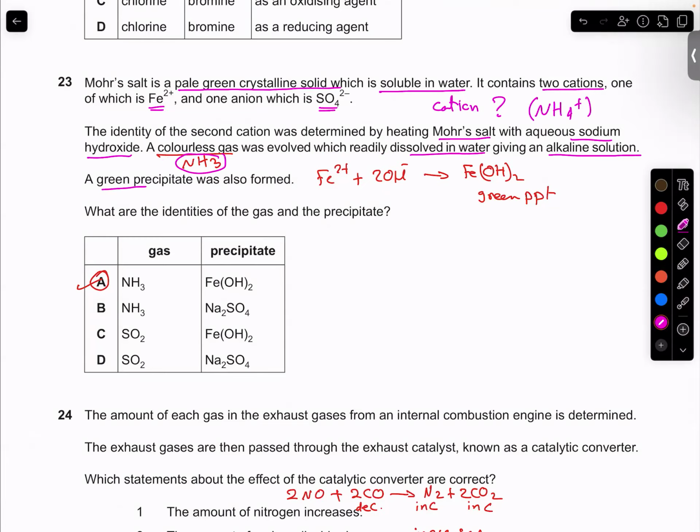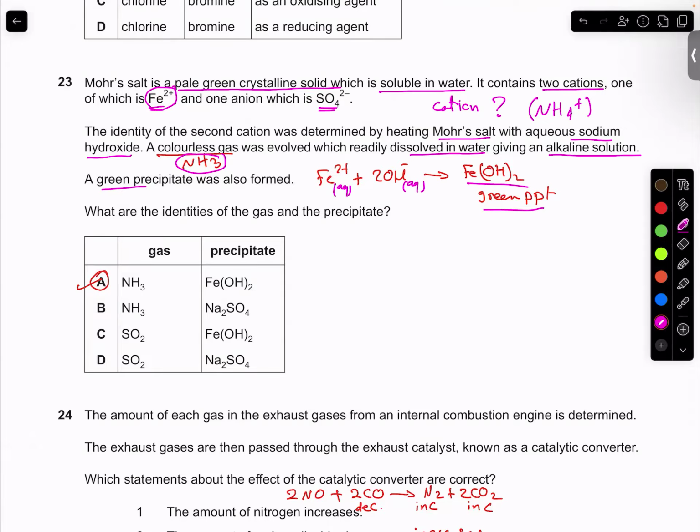The green precipitate was formed also because the salt contains iron. So when we add sodium hydroxide, a green precipitate forms because aqueous iron(II) reacts with the aqueous hydroxide to form iron(II) hydroxide. This is the green precipitate.